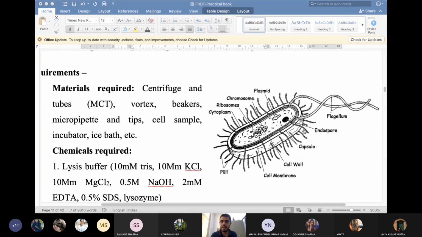Nehal. Present, sir. Upal. Present, sir. Sahiba. Present, sir. Sanjana. Present, sir. Shakti. Present, sir. Shivani. Present, sir. Tanvi. Present, sir. Tridev. Present, sir. Vivek. Present, sir. Yukta. Present, sir. Yuvraj. Present, sir. Okay, so all done.